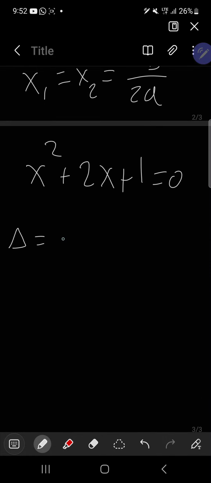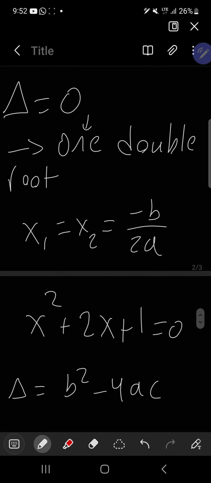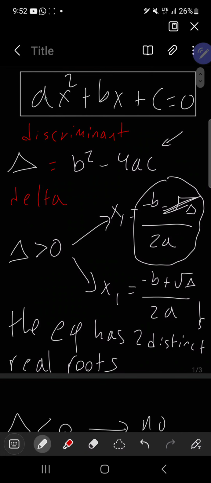First we use delta. This gives us b squared minus 4ac. What are a, b, and c? They are the coefficients of the second degree equation. A is the one beside x squared. Okay.